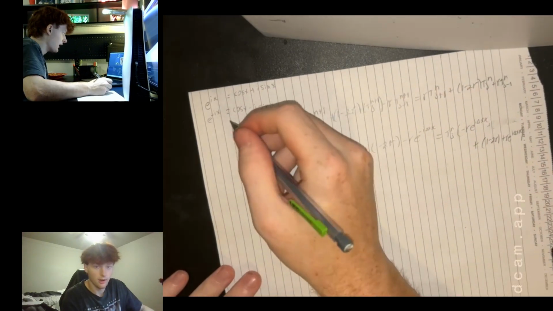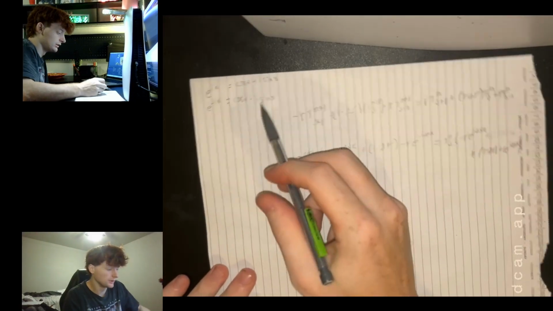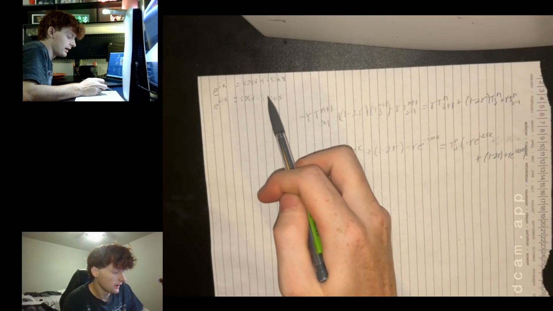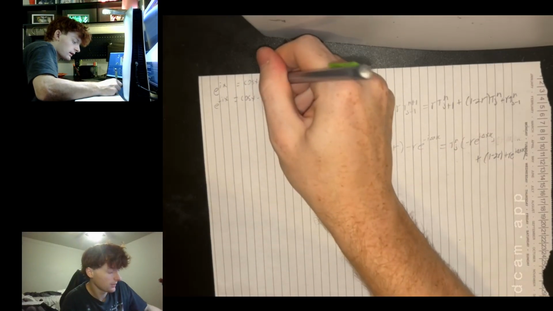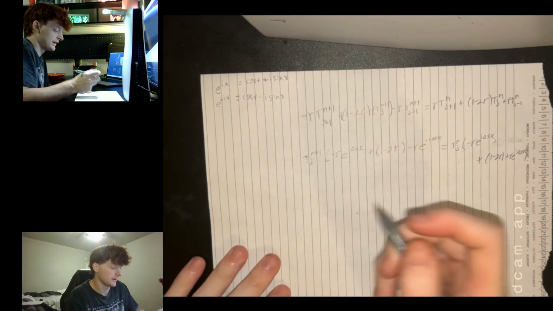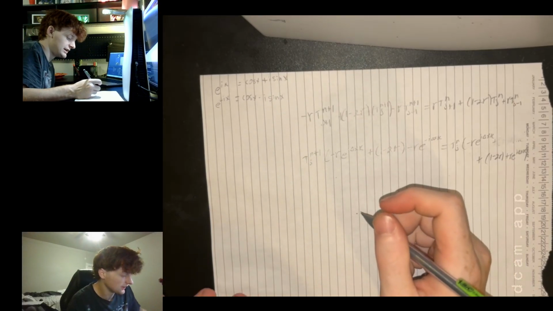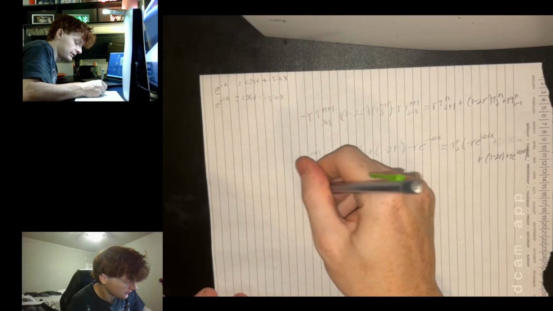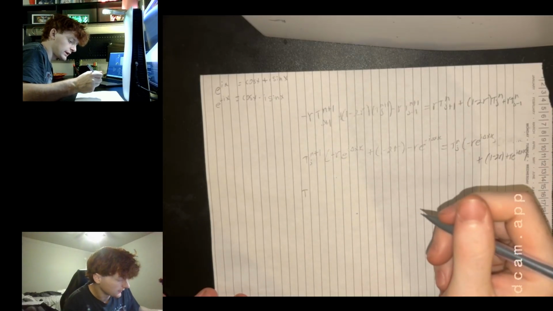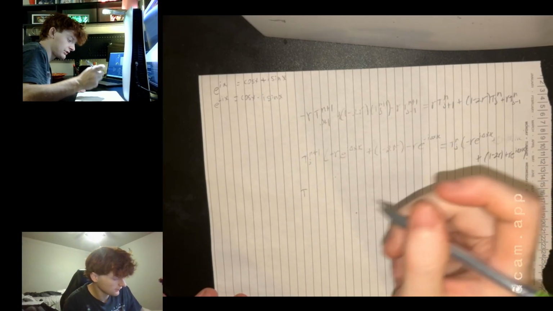Okay, and then we have our Euler's identities up here again. We have e to the ix equals cosine x plus i sine x, and e to the negative ix equals cosine x minus i sine x. If we were to plug these in here, our sine x's are going to cancel out again, and we're going to end up with minus 2 cosine x.